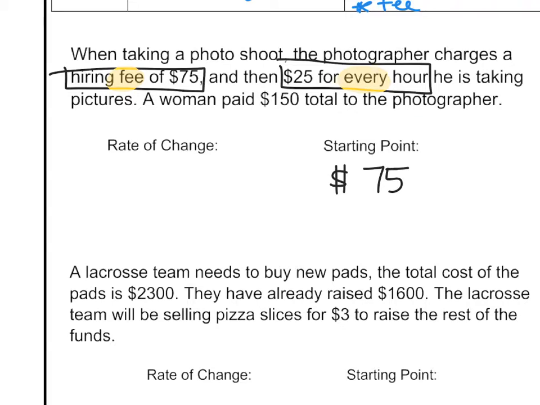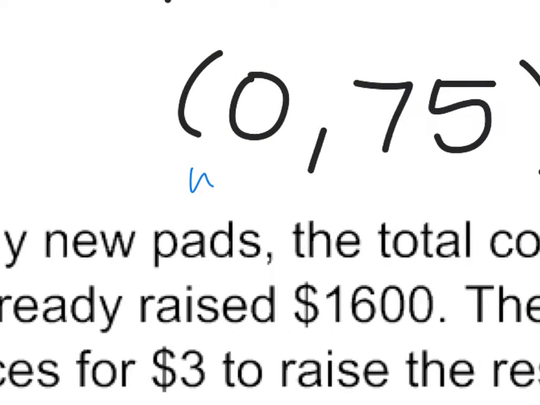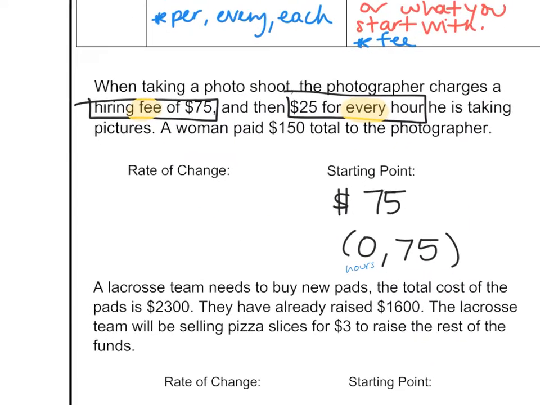And remember, we can write that as a point, 0, 75, because it's at 0 hours. And then the rate of change will be the every, because we're adding $25 to our total cost every hour. So this is $25 per hour.